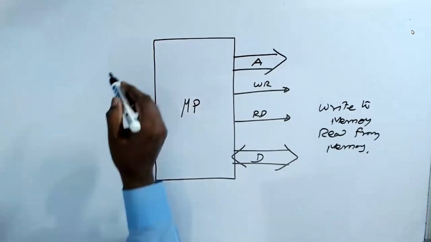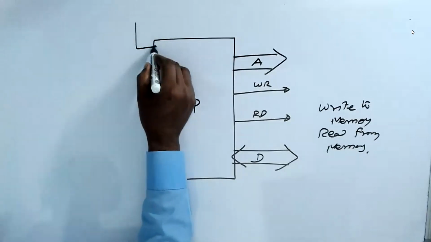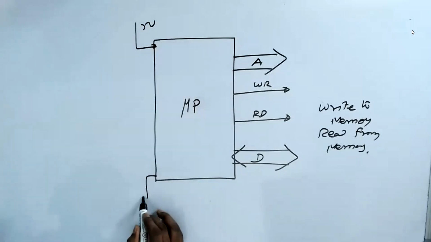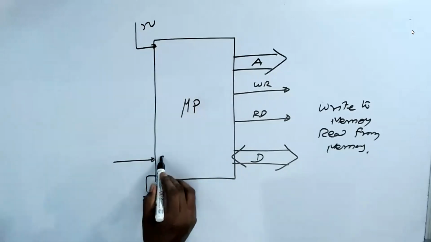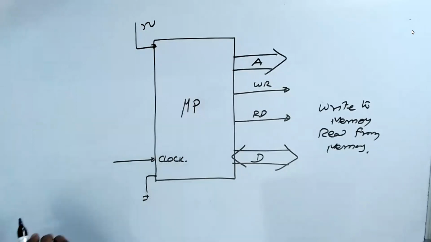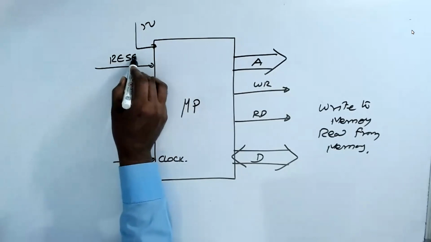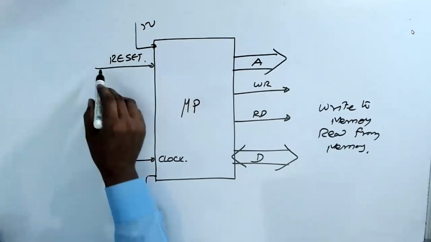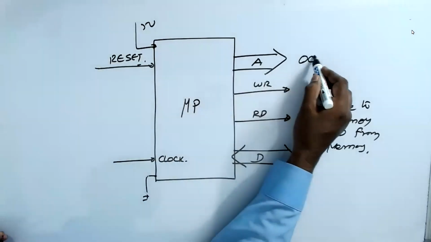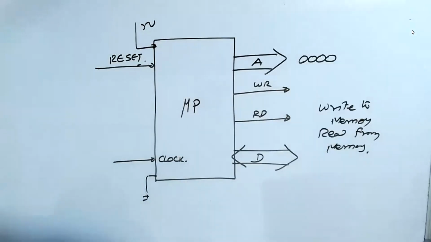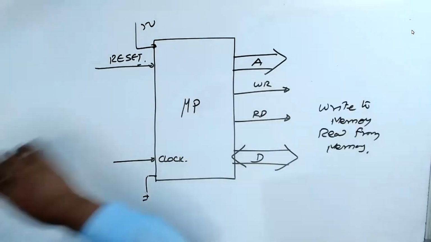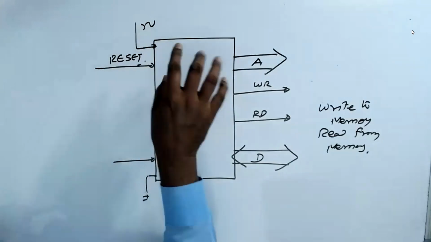And the microprocessor gets a power supply. We know that. It gets a clock. And it gets a signal called reset. So when you give a reset, it starts from 0, the starting address. And when you give 5 volt, it works.